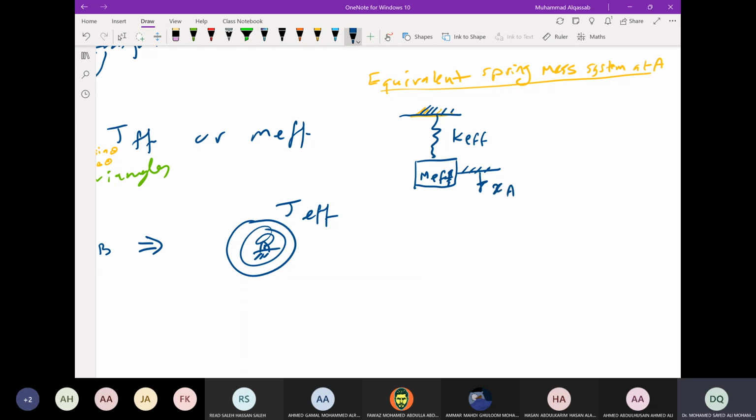Or you can find an equivalent spring mass system at B or at any other point.